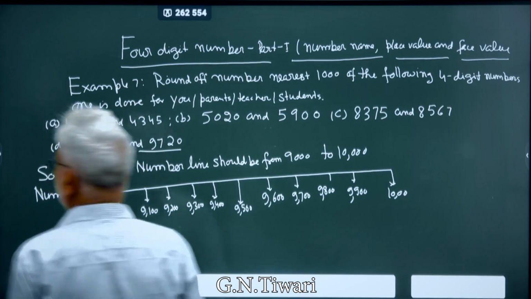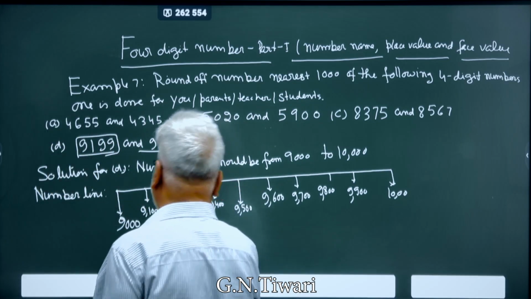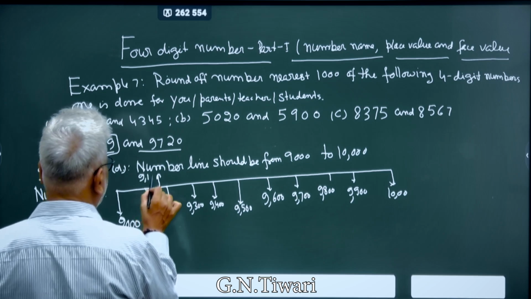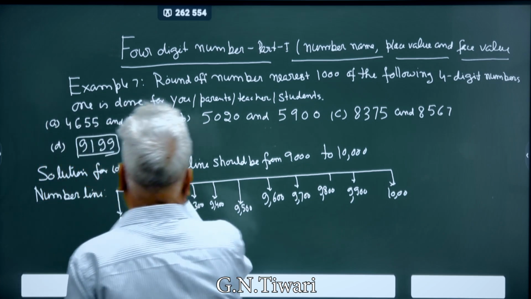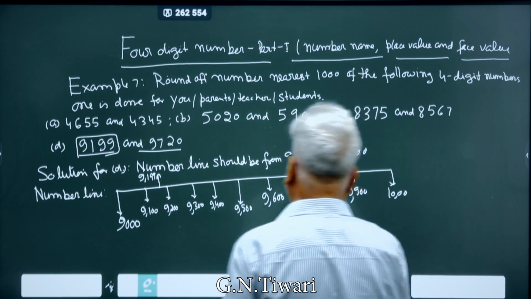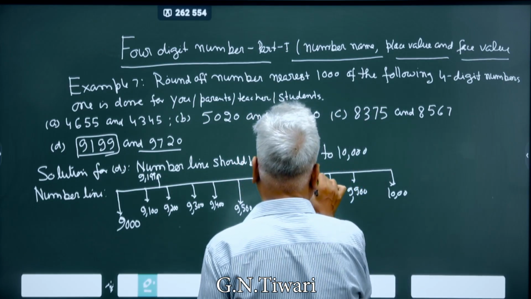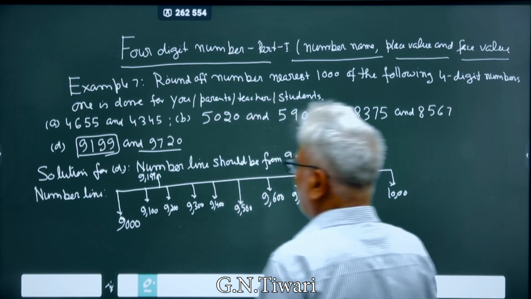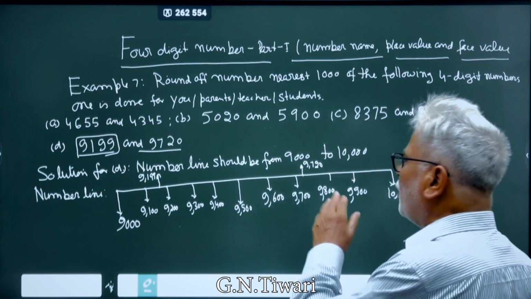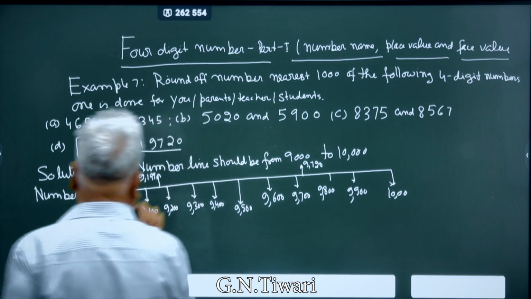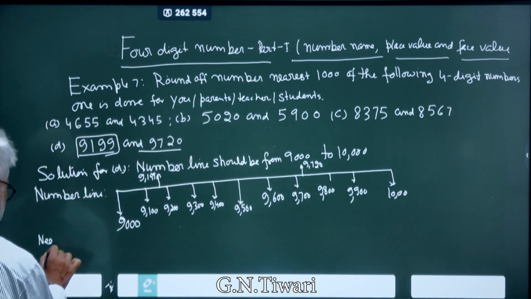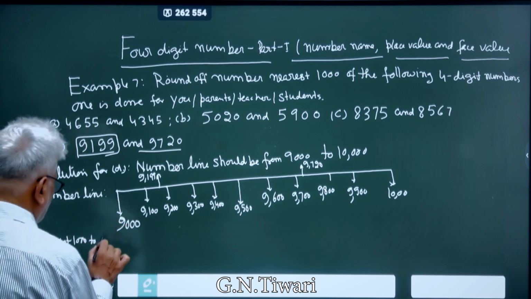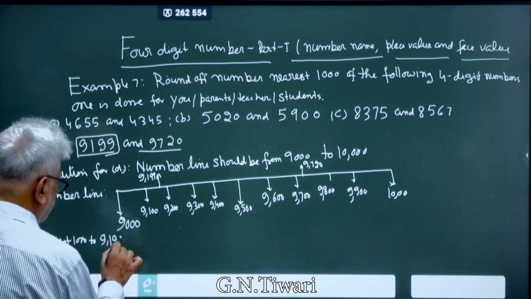9199. कहाँ पड़ेगा? ये 9100 और 200 के बीच में पड़ेगा. तो आप वर्टिकल लाइन यहाँ खींच दीजिए और लिख दीजिए 9199. अब देखिए 9720 कहाँ पड़ेगा? इसके बाद पड़ेगा. अब विजुअली देख सकते हैं कि कौन नंबर किसके पास है. तो अब ये देखिए, इसका जो है नियरेस्ट 1000 to 9199.